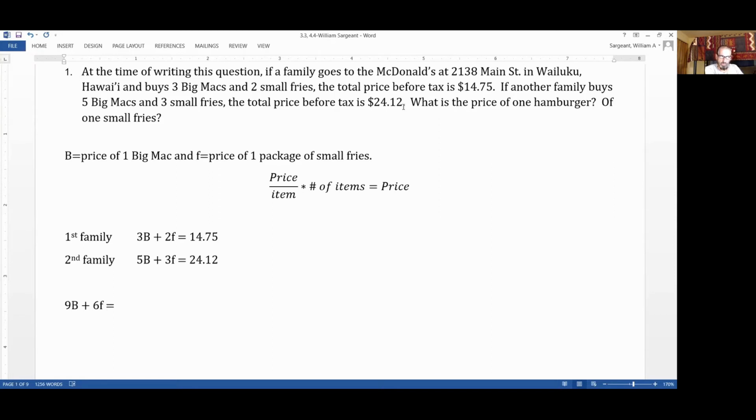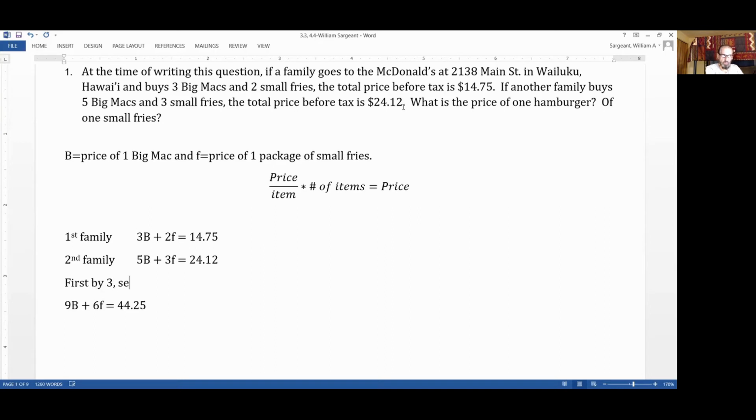And let's see, 15, 45, I believe 14.75 times 3 is going to be 44.25. I'm going to check that. 14.75 times 3, 44.25. So I multiplied the first by 3.